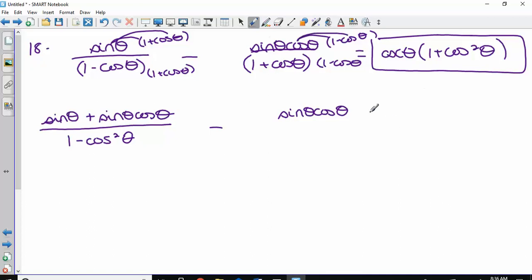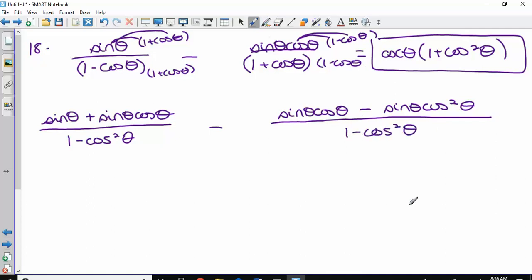Sine theta cosine theta times cosine theta will be sine theta cosine squared theta. And if we FOIL the denominator, you get 1 minus cosine squared theta. We want to subtract these fractions, so what should I do?